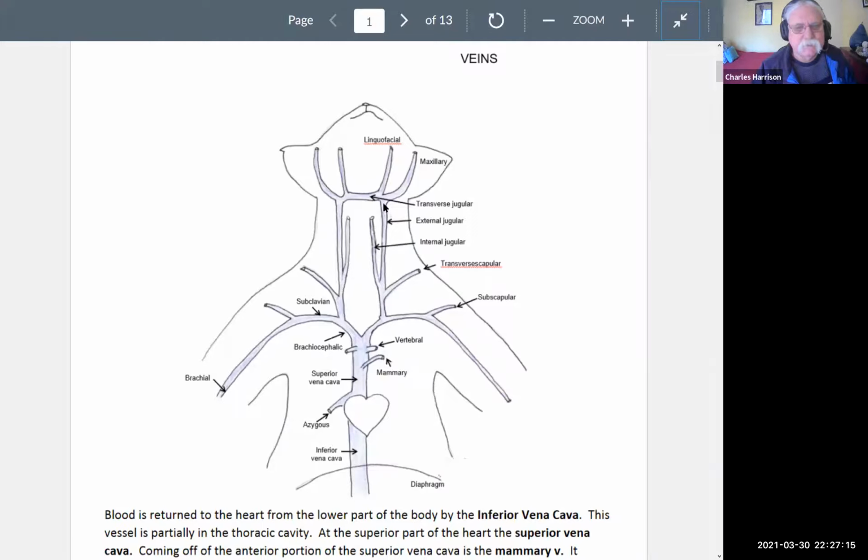Come up till you reach this four-way intersection. If we go laterally, this is the maxillary vein. Goes along the side of the head and the nose. If you go forward, this is the lingual facial vein coming from the tongue and the face. Going across is the transverse jugular.